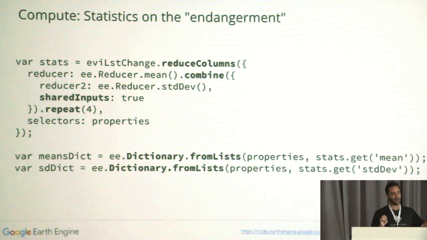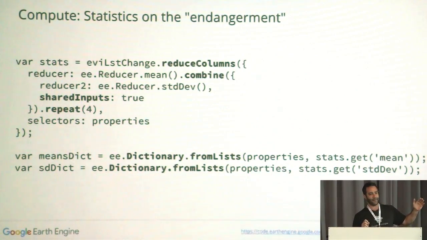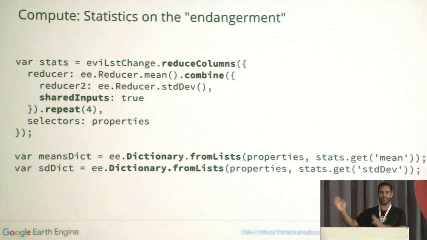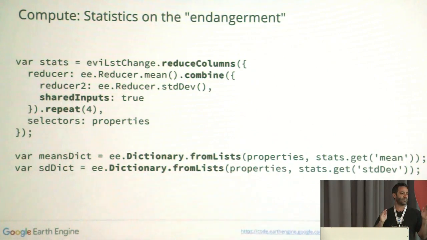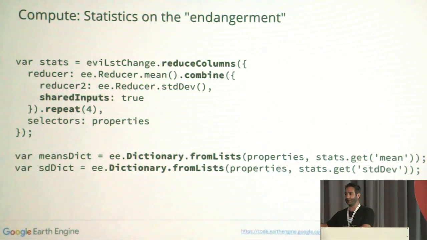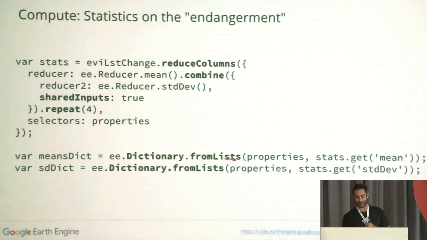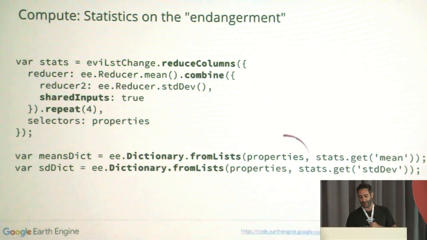So one dictionary stores keys of property names and values as the mean output. The other dictionary stores the properties as keys and the output of the standard deviation reducer as values. So we have 2 lists, and we turn those into 2 dictionaries using the properties as keys and the outputs of the reducer as values.